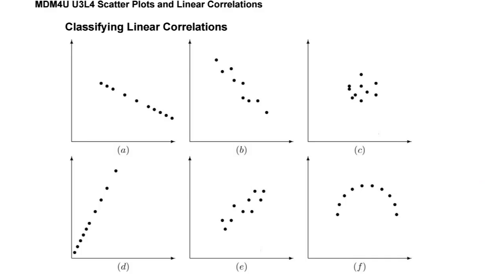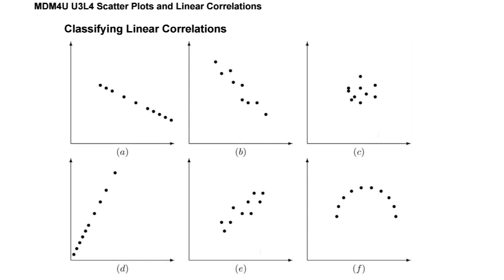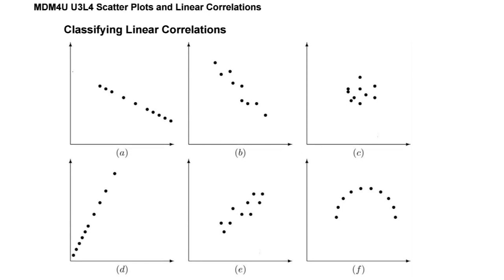So let's take a look at classifying correlations. Okay, now I'm assuming that you remember all about slope, right? Now, if I was trying to draw a line through these points, you'd notice that the points would literally touch every single value on the line.